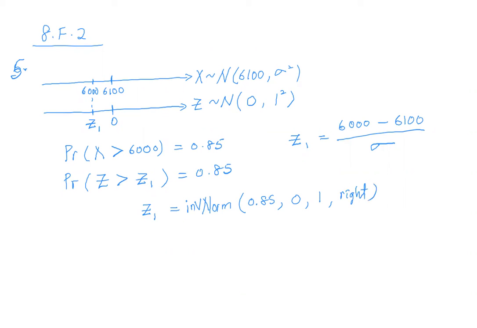On the other calculator, you have to put inverse norm because the area you put must always be to the left of the value that you want to find. Then you get your Z1, put it into here, and you can solve for your standard deviation. Do you understand how to go? Yep.